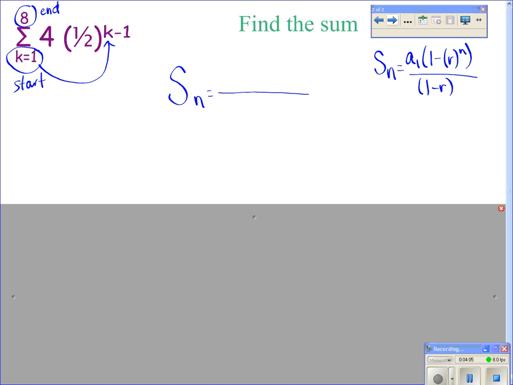To find the last term, we would put the 8 into the formula, but for the sum formula for geometric, we don't need the last term. We just need the first term. So if we put a 1 right here, the exponent becomes 0. Anything to the 0 power is 1. So this is really 4 times 1, which is 4. So our first term is 4.